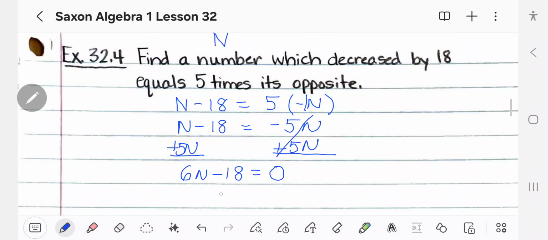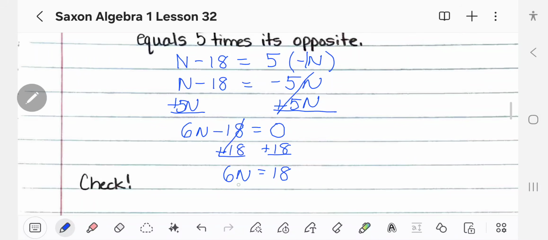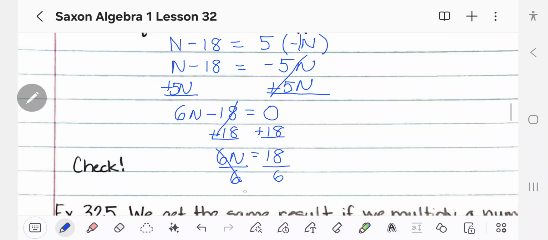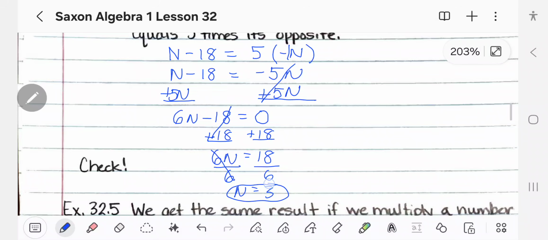So now let's get rid of this constant term that's with the variable. And we're going to get 6n is equal to 18. And then we're going to divide both sides by 6. And we get that n is equal to 3. Now, when we get that number, we want to make sure that we check it.